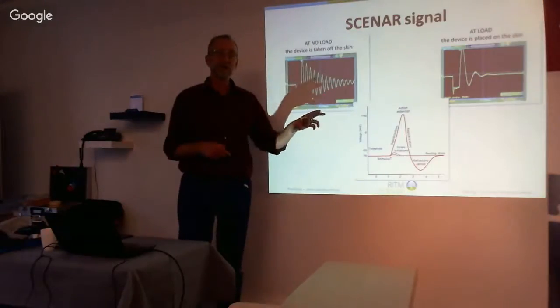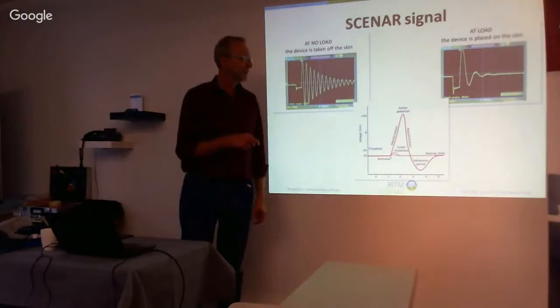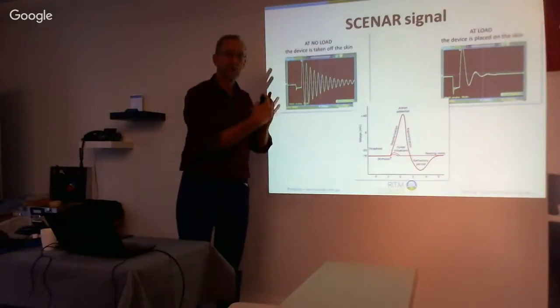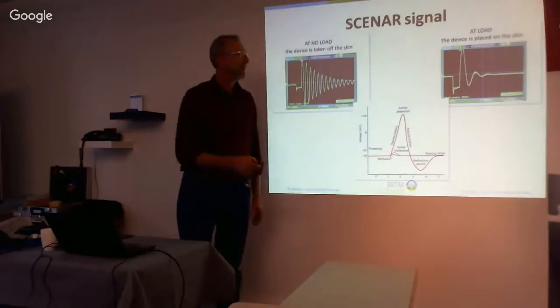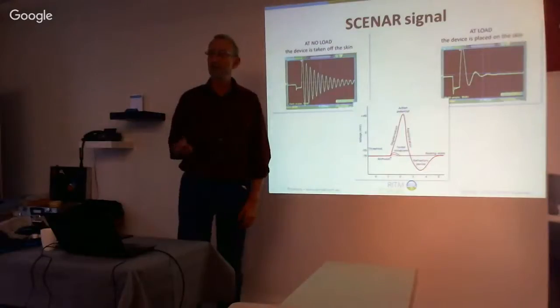You don't have to do anything, you just keep it on the skin, and it changes to something like this and produces a wave like that that broadens more and more out. And that actually looks pretty much like an action potential of a nerve. That's why they call the Scenar signal a nerve-like impulse.